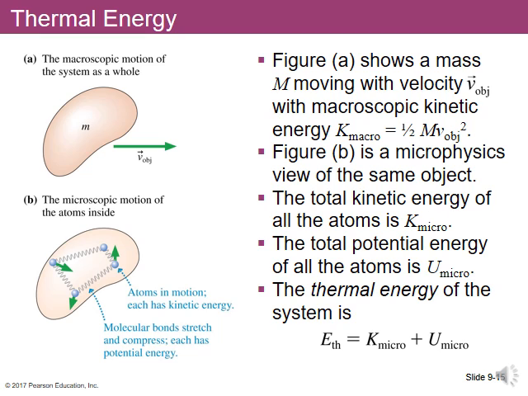Another kind of variable force that we can talk about is friction forces. Friction forces typically tend to increase the thermal energy of an object. So what exactly is thermal energy? We know that something that is hotter has more thermal energy, but what exactly is it?